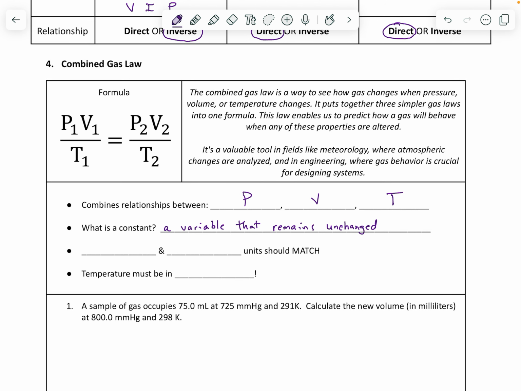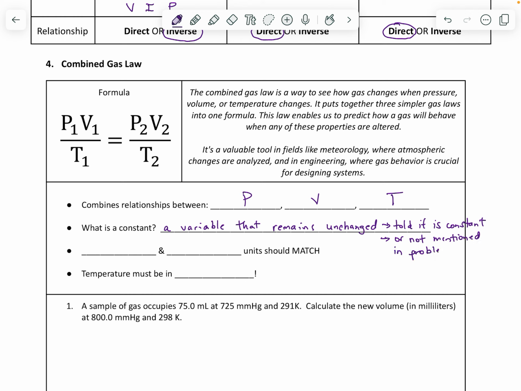So in a problem like this, we say that for a constant variable, it remains unchanged, and it is either told to be constant in a problem, or it is not mentioned in the problem.